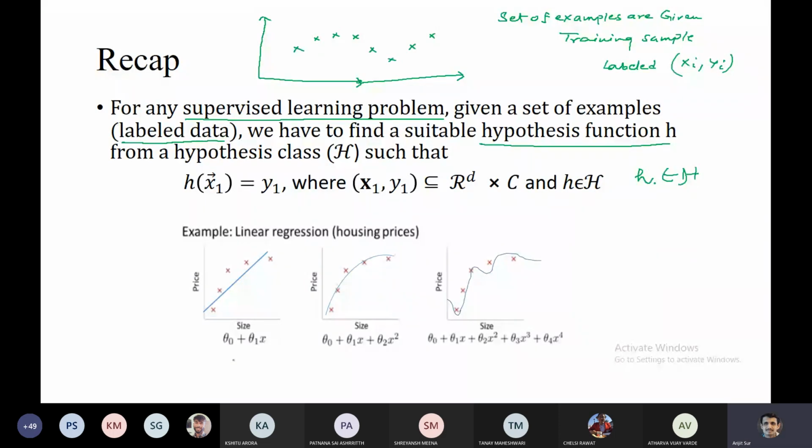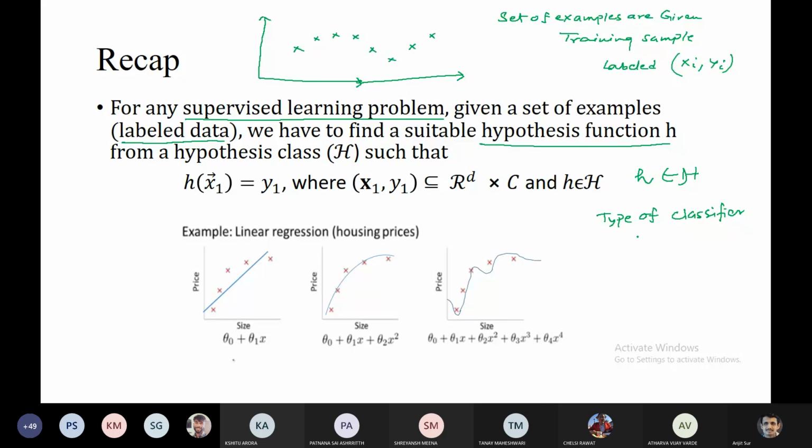In a very simplistic form, a hypothesis class is a type of classifier, or you can say detector.